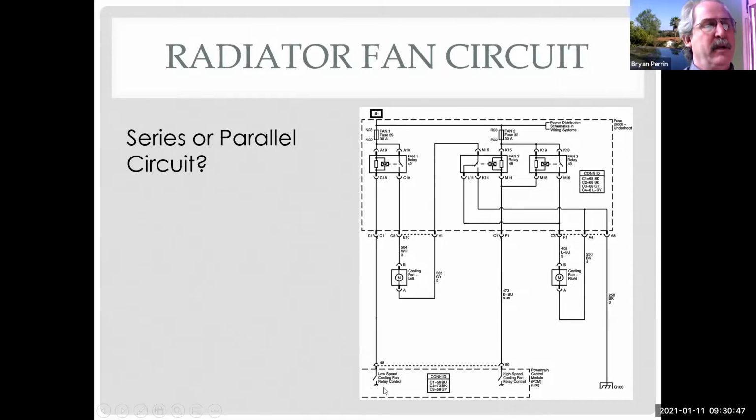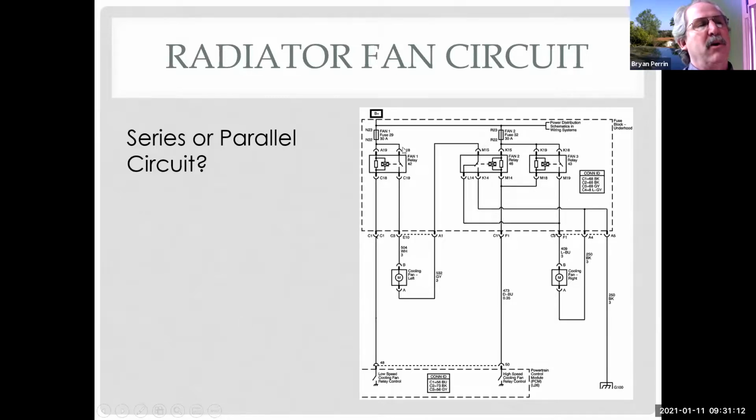So what we do here is the low speed cooling fan relay control turns on, connects ground, and I have power. So I have ground here and power here. This is my load, and it's going to create electromagnetism. We see these little dashes here letting you know that this electromagnetism is going to close this switch.